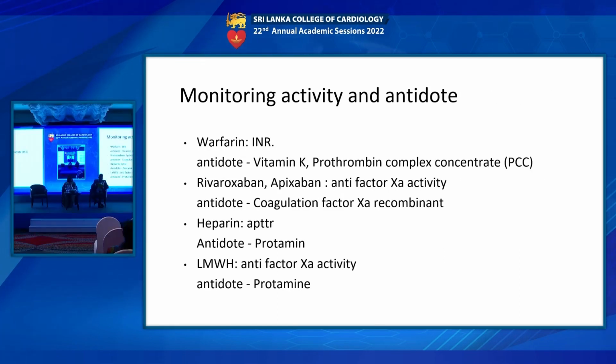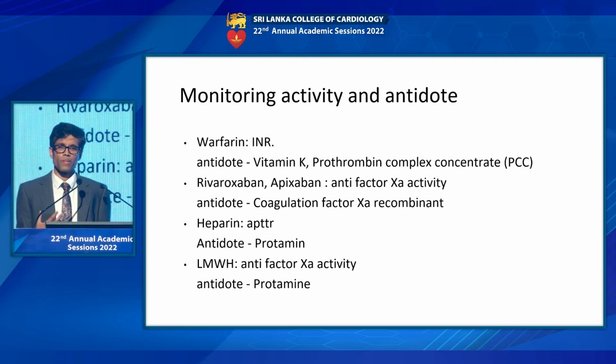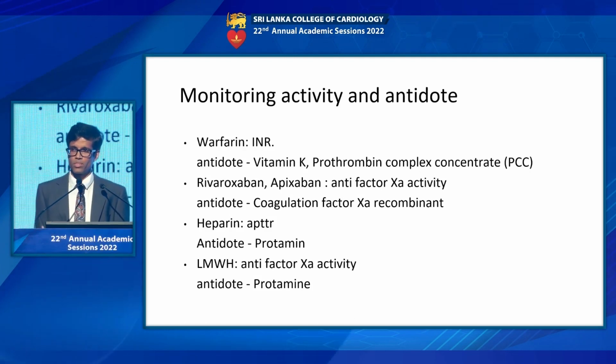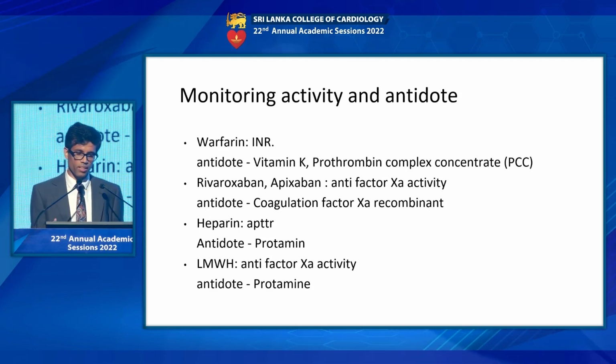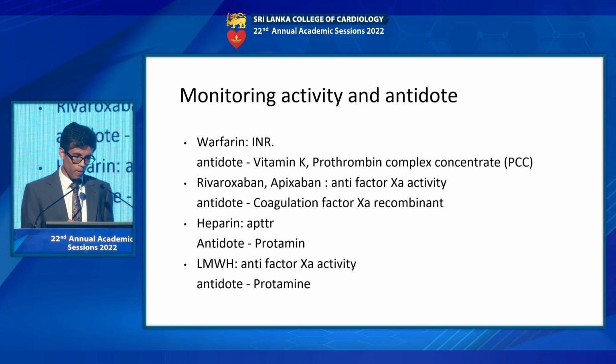As healthcare professionals, it's very important for us to know how to monitor these patients, what the effect of the anticoagulants is on these patients. So it's important for us to know which mode to use and what are the not so helpful measurements.